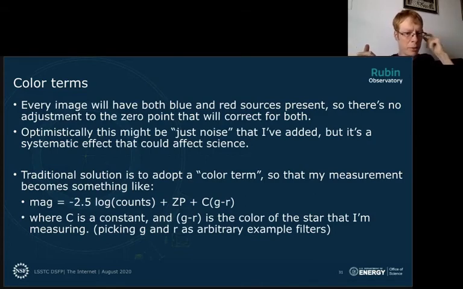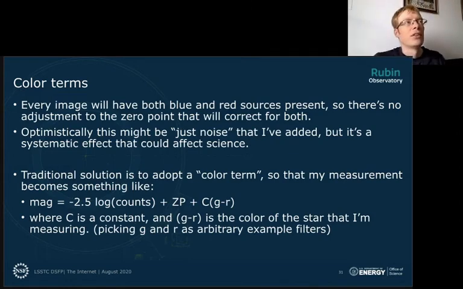But it might be worse than that, because it's a systematic effect that depends on the color of the source. And so you could imagine, if I'm trying to measure high redshift objects, and my higher redshift objects are slightly redder, and so they have slightly fainter magnitudes, I might come to different conclusions than if I had carefully calibrated my magnitudes to match the other survey.